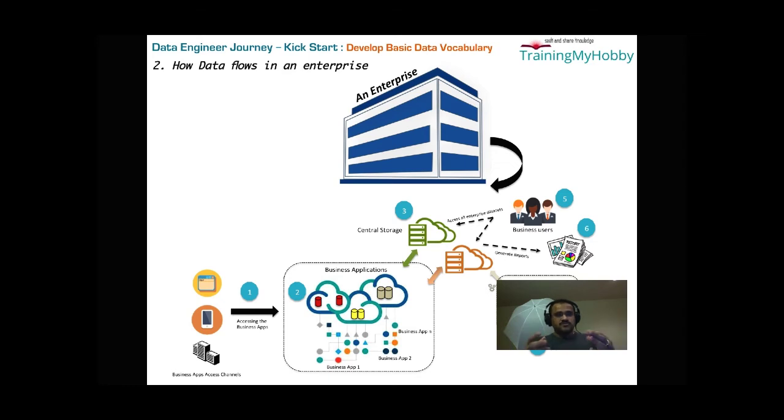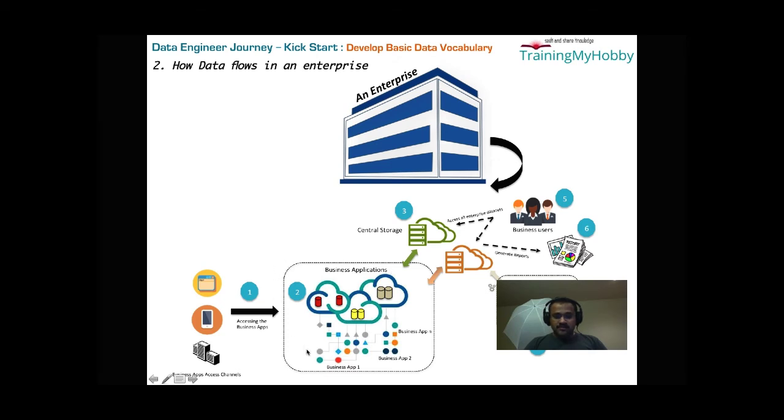For the sake of this presentation, I have taken only one large enterprise, wherein that enterprise has built web applications or makes services available using mobile phones, or has many offices across the globe, and users are accessing.